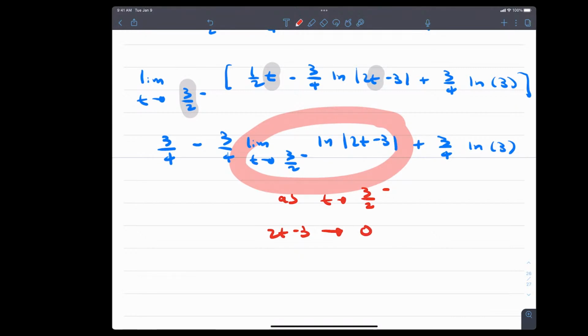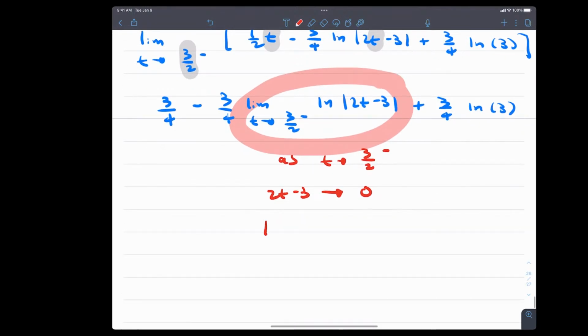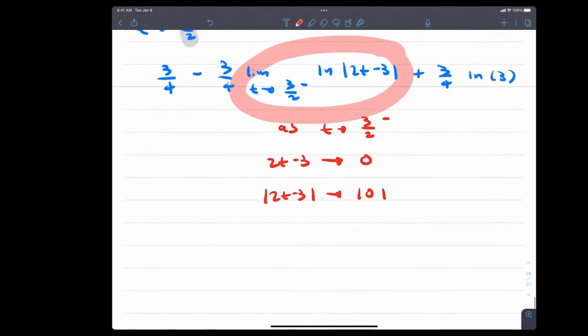Now, that means the absolute value of 2t minus 3, because the absolute value is continuous everywhere, also goes to what? 0. And then what does the natural log go to?